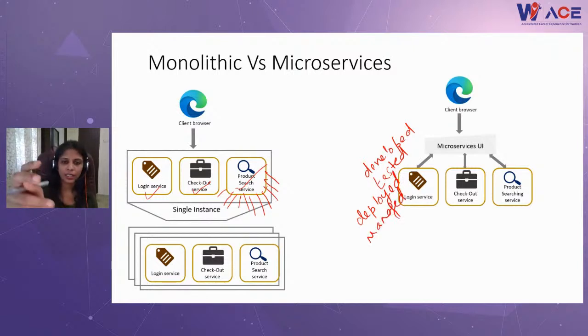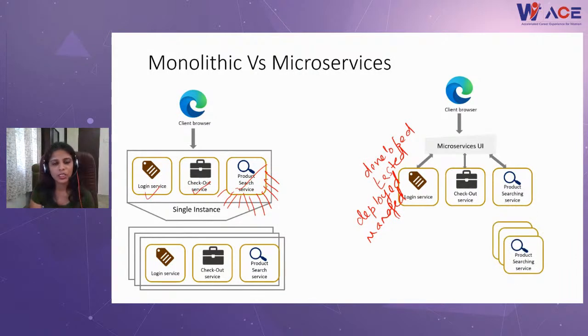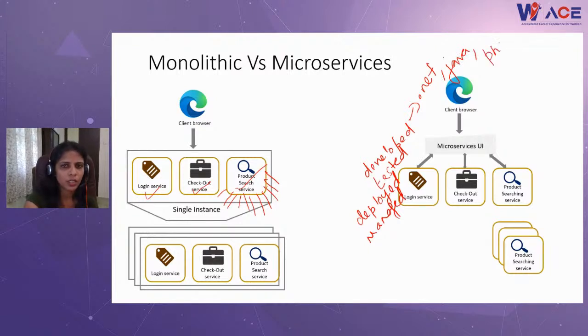And each and every module can be scaled independently. And in fact, when we say each and every module is developed independently, each module can be developed using different technologies. Maybe the login service is developed using .NET, the other module is developed using Java, another module is developed using PHP. So they can be developed using different technologies also.